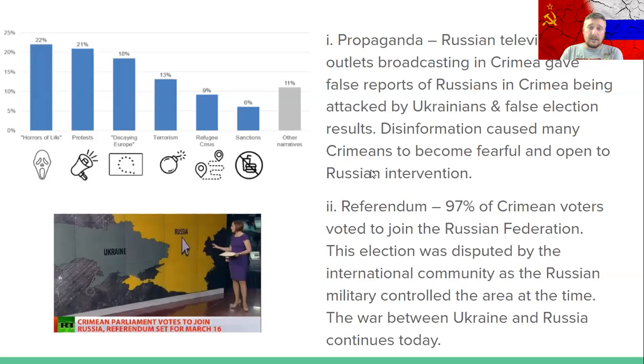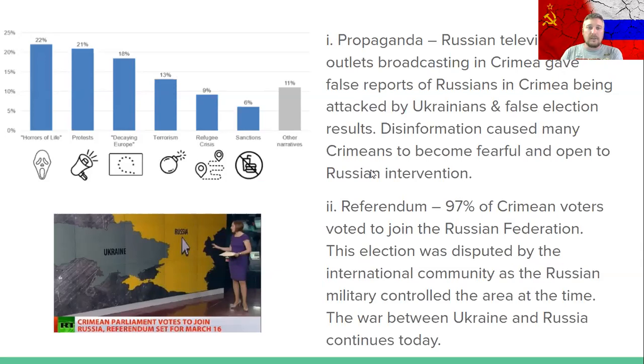Well, in the months preceding the invasion of Crimea, they began to give, frankly, false reports. They just made up reports of Ukrainians attacking Russians in Crimea. It had not happened. But yet those people that are in Crimea are listening to the news. And again, you don't have any reason to necessarily doubt it.